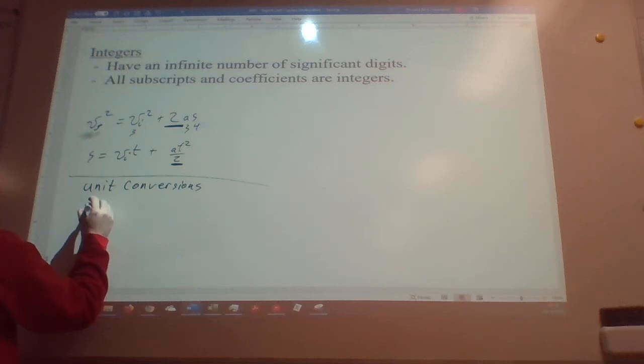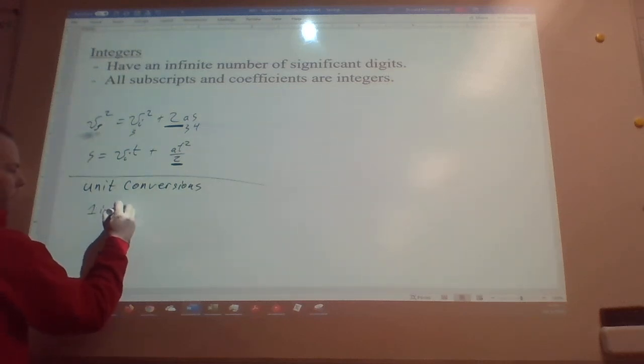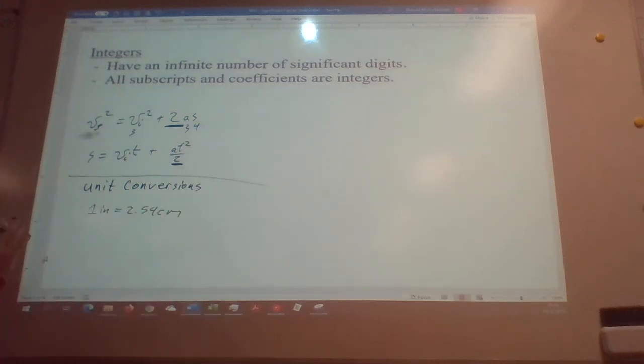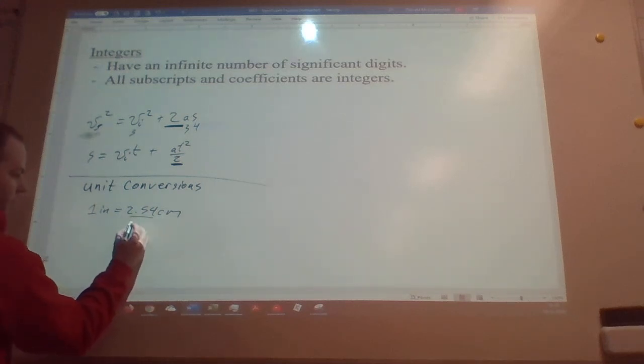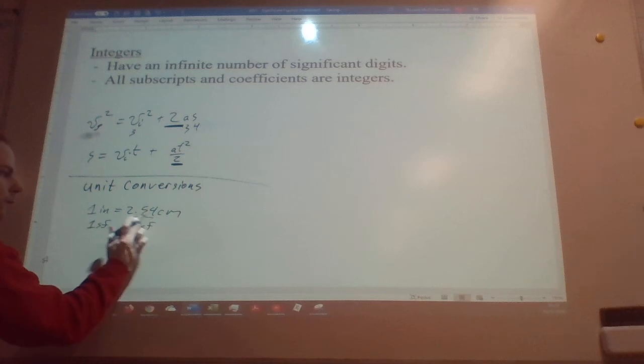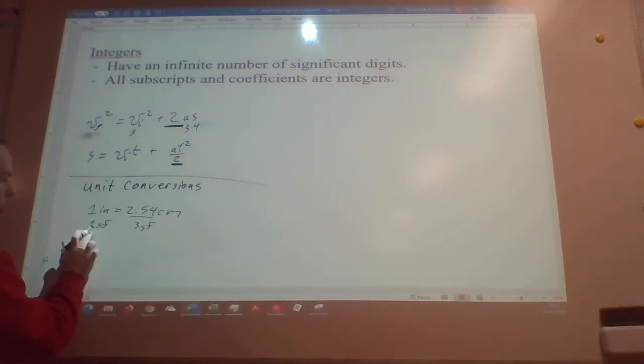So, for example, let's use this one here. 1 inch is equal to 2.54 centimeters. Based on what we talked about with the measured numbers, this has 3 sig figs, this has 1. That's a serious problem because that means if we ever use this conversion factor, we can only have one significant figure out as the answer.